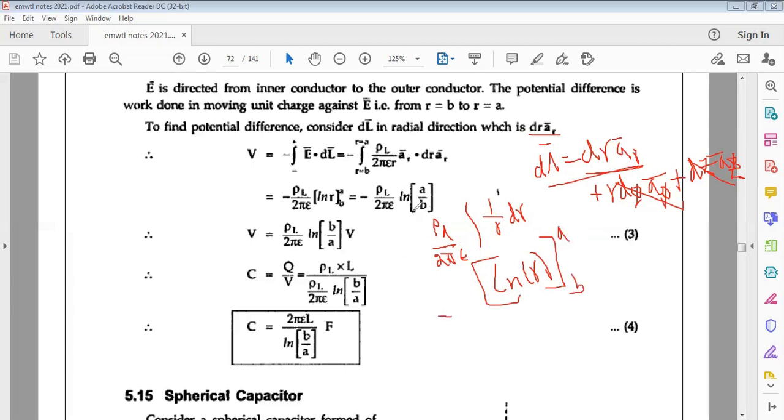So minus, already the minus is in the voltage function, minus E bar dot dl bar.